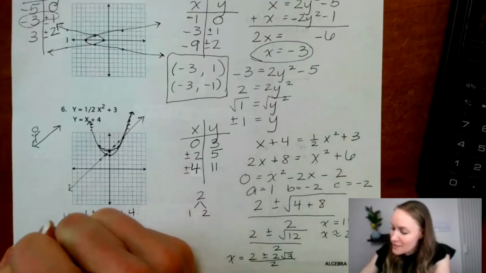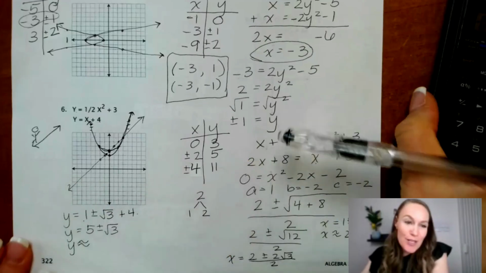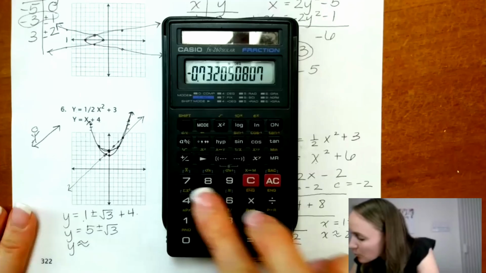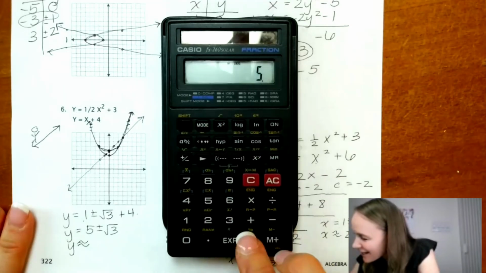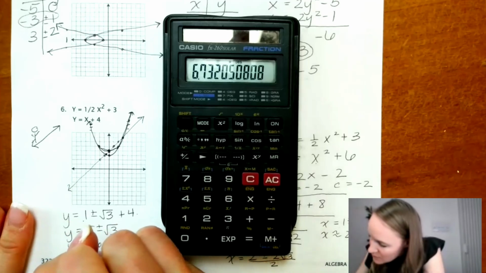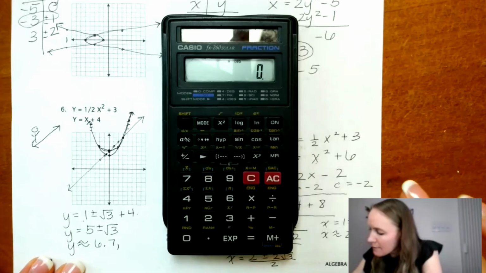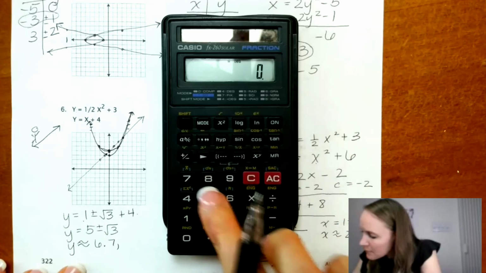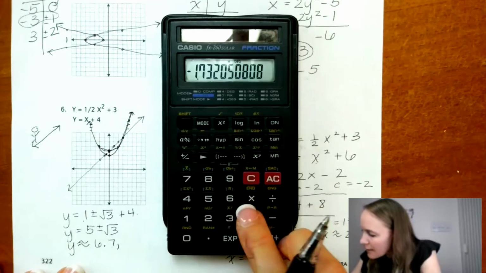So what is y approximately equal to? We can double check with our graph. We have to do root 3 first, and then add 5. So 6.7, comma, and then do root 3 first, make it negative, and then add 5 again.